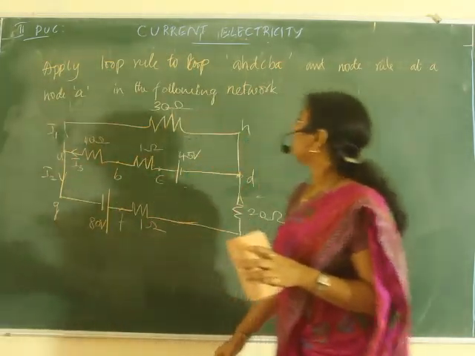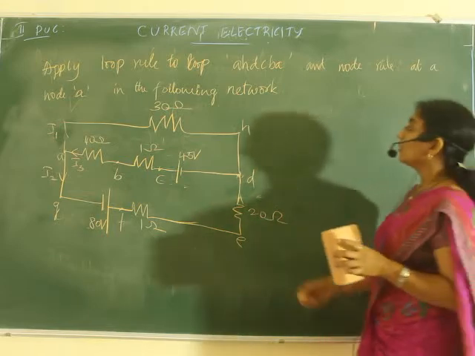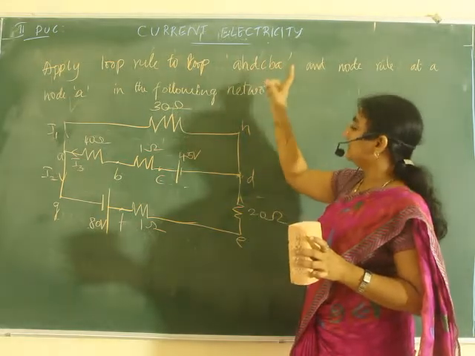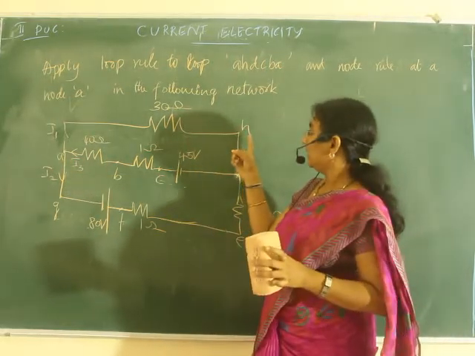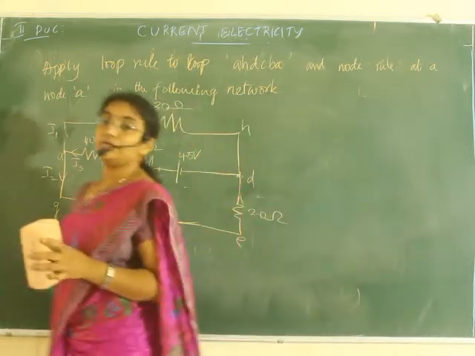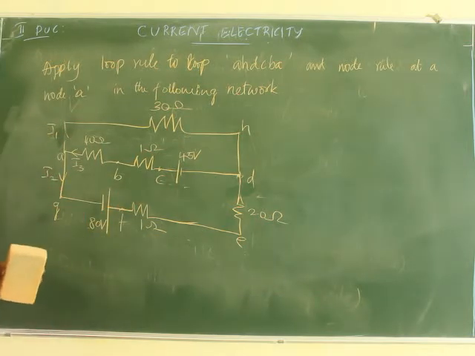For this, you have to apply the loop rule and junction rule or node rule. Loop rule for AHDCBA. So for which circuit? For this first circuit, you have to apply the loop rule. How to apply the loop rule?